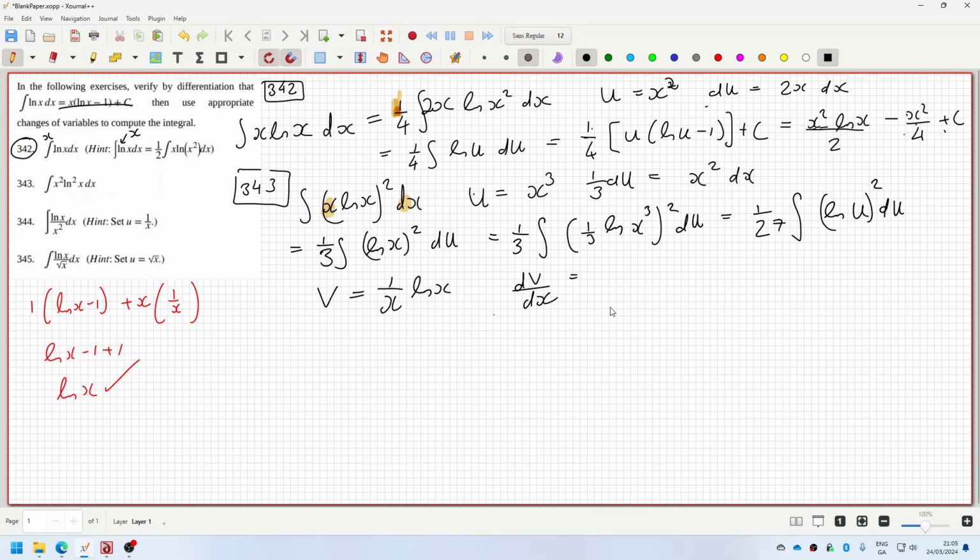No, I don't think that would do the job, would it? Maybe. So bring down the power, reduce the power by 1, and then plus 1 over x squared. No, that's not going to work. Let me think again of another substitution.